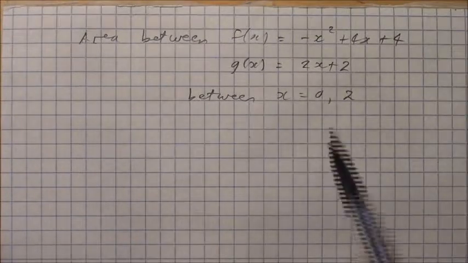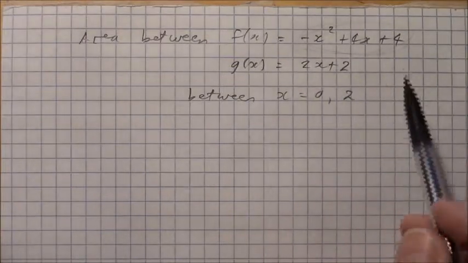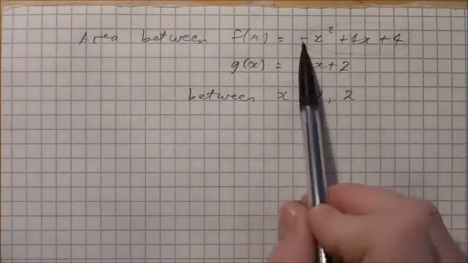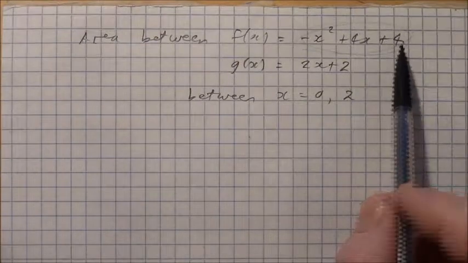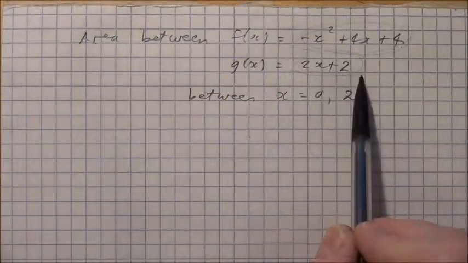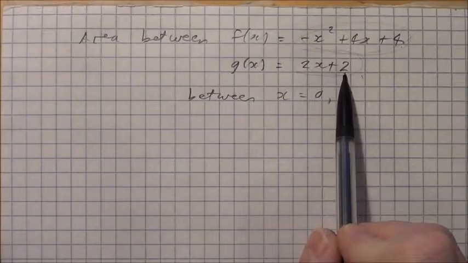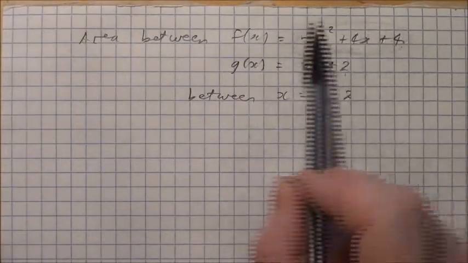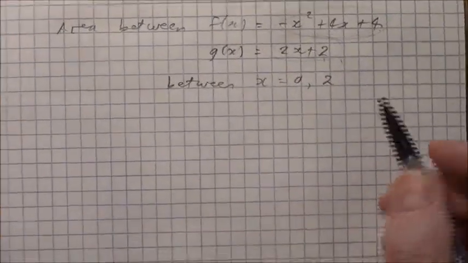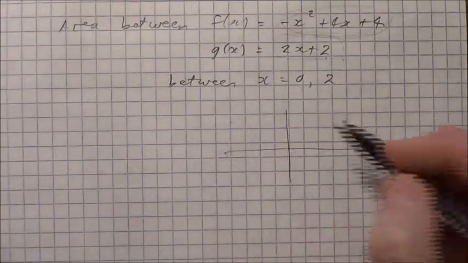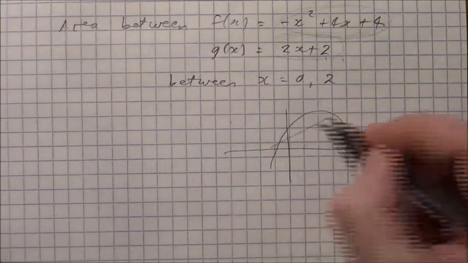By looking at this, I see that f is a quadratic which is opening down, and the y-intercept is 4. Here g is a linear function where the y-intercept is 2. So I believe that this function is going to be above this function and opening downwards. So it looks something like that.